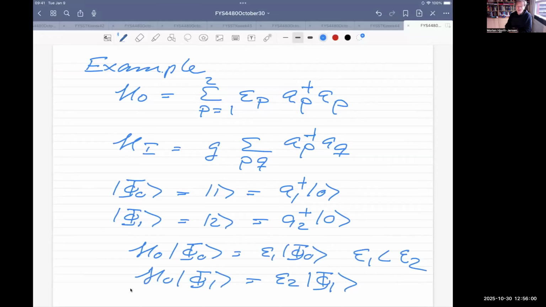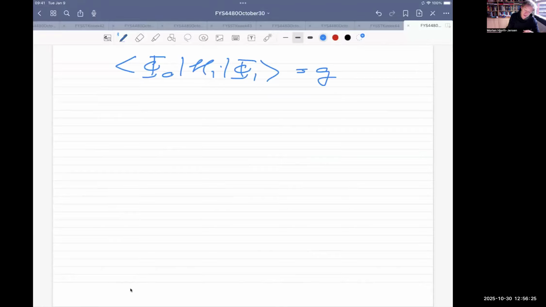Then with these ansatzes, we could calculate the expectation value, or the transition or overlap, of the interaction piece. I'll quickly set up the Hamiltonian matrix, but let me remind you of one of these calculations: when I took H_I with phi 1, this was simply given by this constant g.